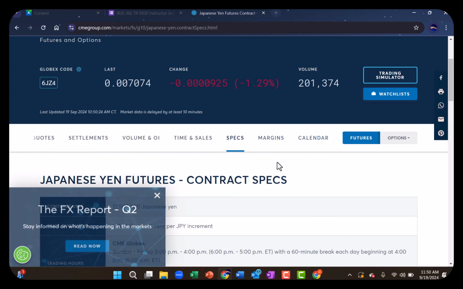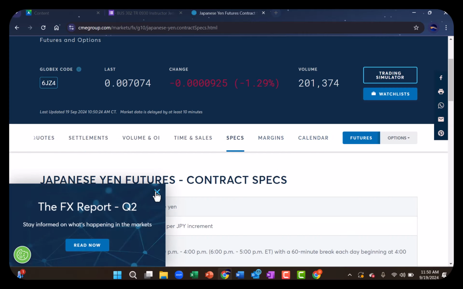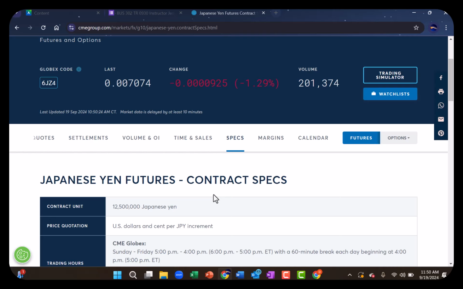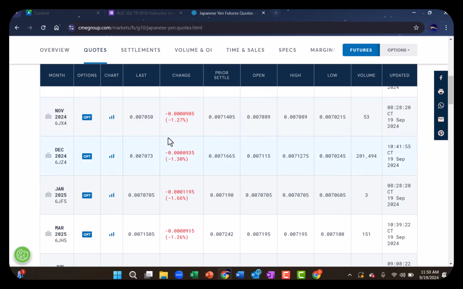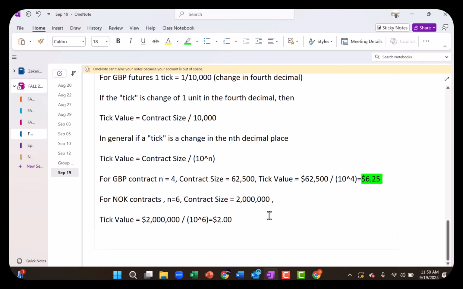It's 12.5 million yen is the yen contract size. If you go to quotes, it is also the 6 digit. Okay, for yen contracts, n is 6.